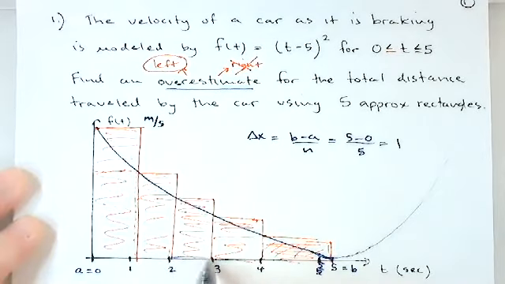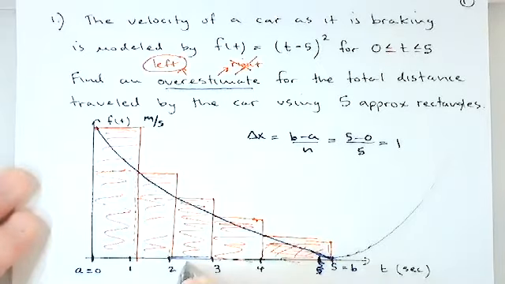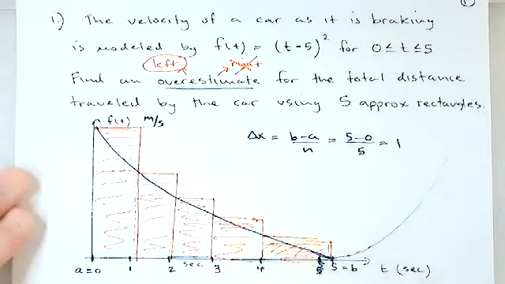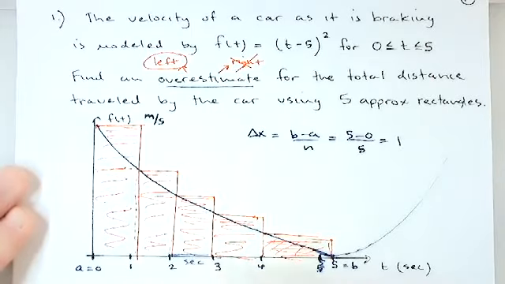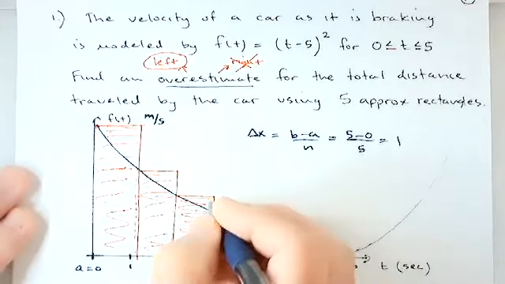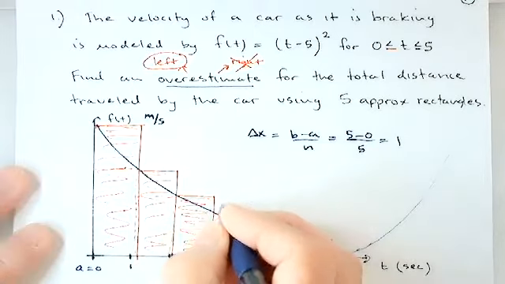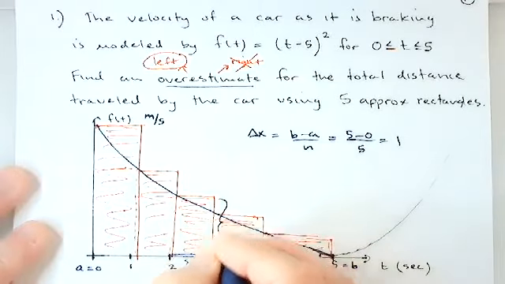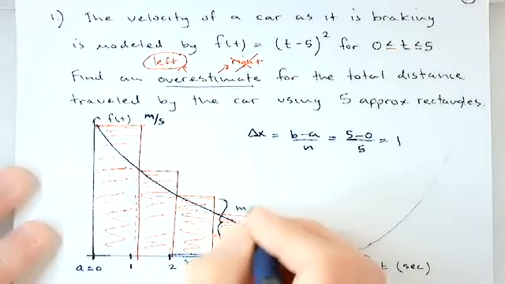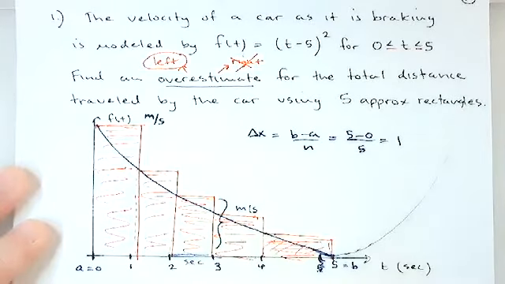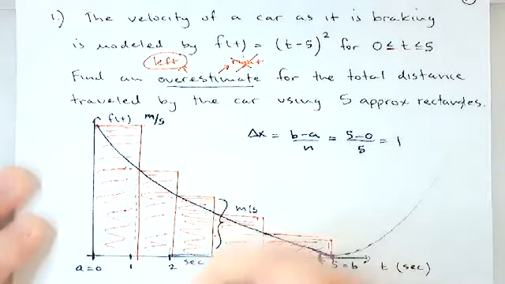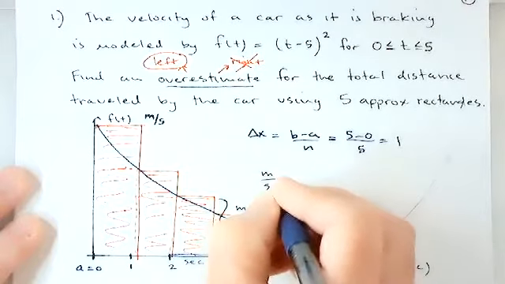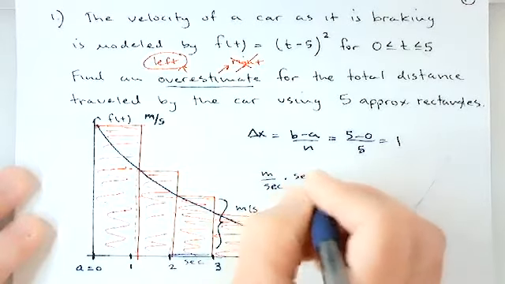Let's think units. If I took this rectangle here, this width right here would have units of seconds, right? That's a time difference. And what would the height of that rectangle be? The height of that rectangle would be measured in meters per second. And what do you get if you multiply meters per second times seconds?